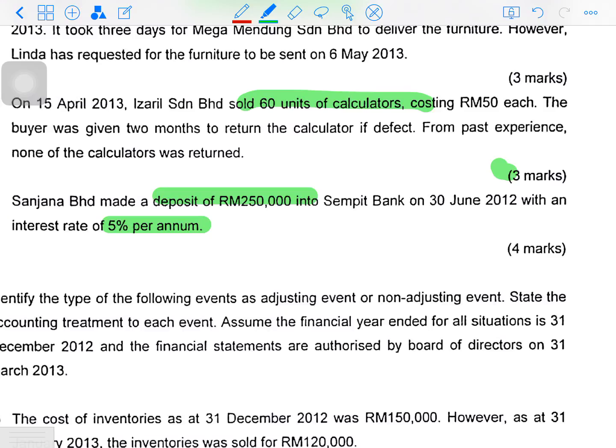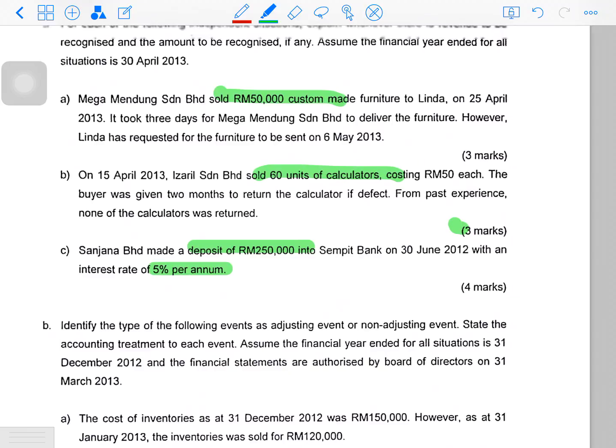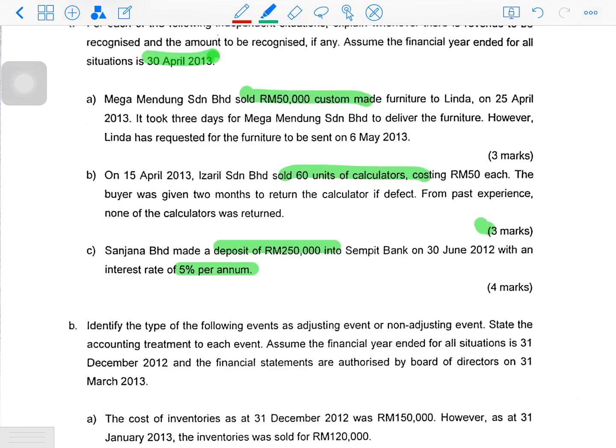250 times, you kena assume the date is 30th April 2013, kan? Dia invest 30th June 2012. 30th June maknanya 1st July, August, September, October, November, December, January, February, March, April. 10 kan? 10 bulan.